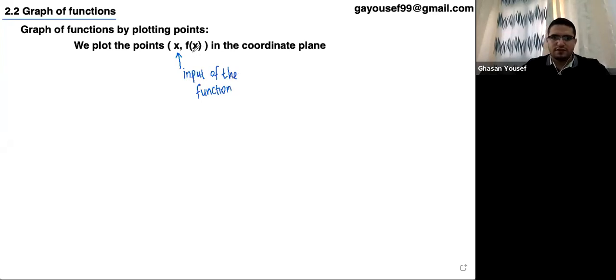And f of x means the output of the function. When I plug the x, I get f of x, the y coordinate of the function. So here's the output of the function.